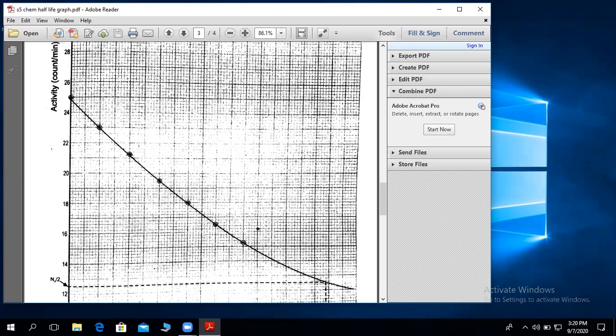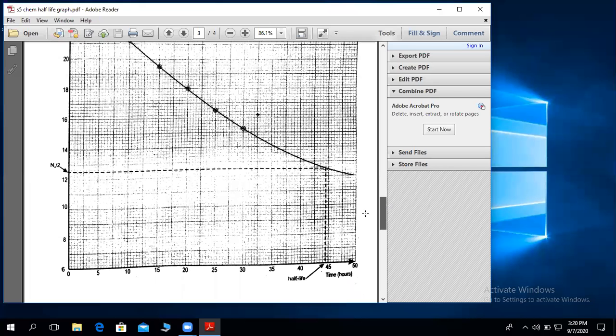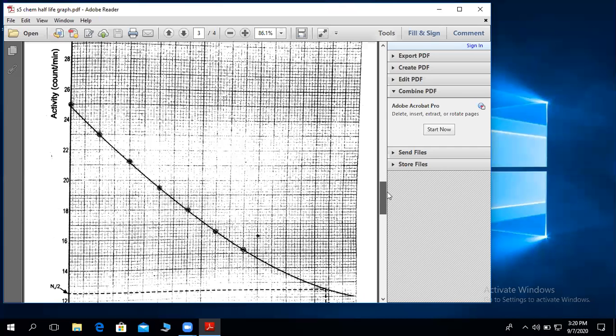So if I want the half-life, for example, I can use 25, which is here, and 12.5. So I will count the time that is between. Below here on my graph, there is time. So I will count the time from 25. You see, 25 is exactly on my vertical axis, which is 0.